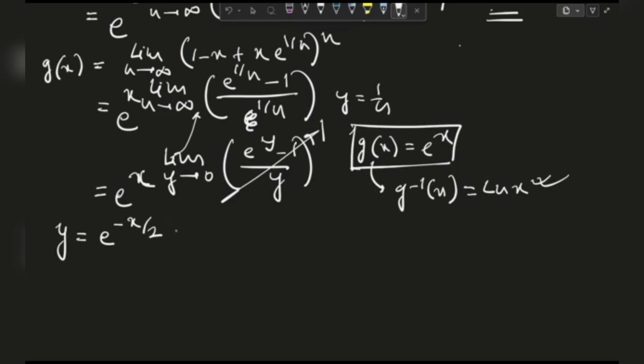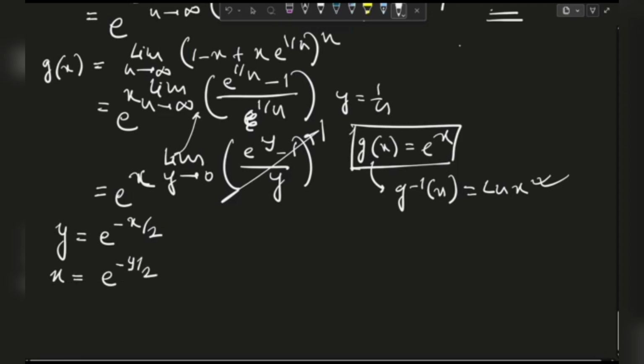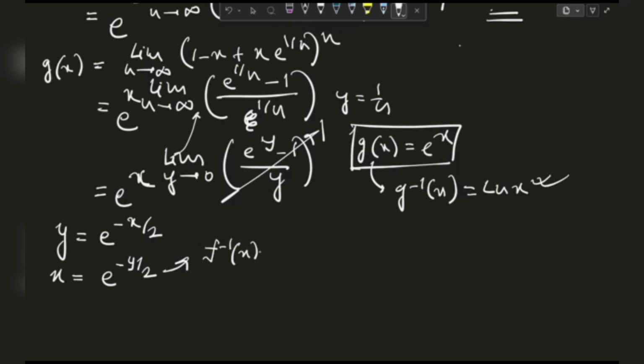And as you all know, to ascertain any inverse function, we have to change x and y like this. Now you can take ln on both sides, and after we manipulate, f inverse x will come out to be 2 ln of 1 by x. Basically minus 2 ln x, I wrote it as 2 ln of 1 by x.